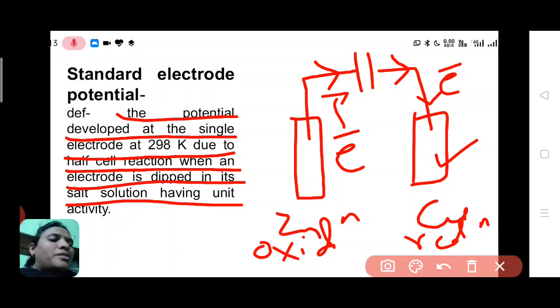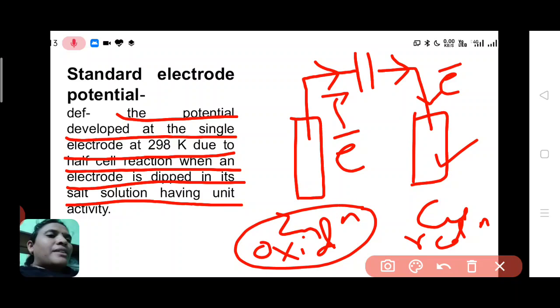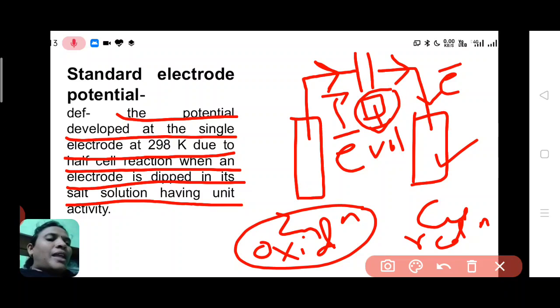So during the oxidation of zinc, whatever potential is developed here is recorded in the voltmeter. A voltmeter is also connected here. So whatever oxidation potential is measured by this voltmeter for the zinc electrode is called the electrode potential of zinc.